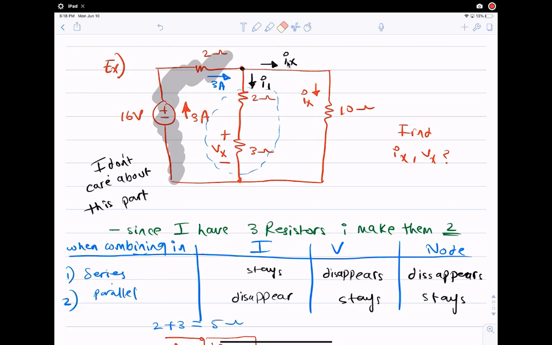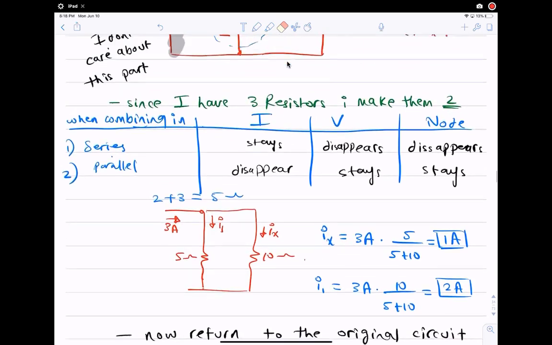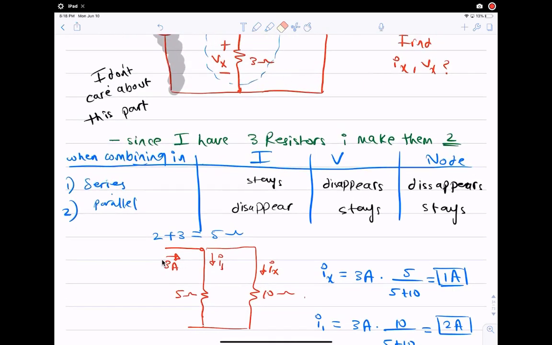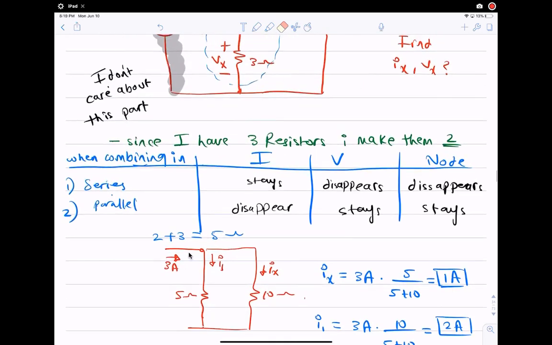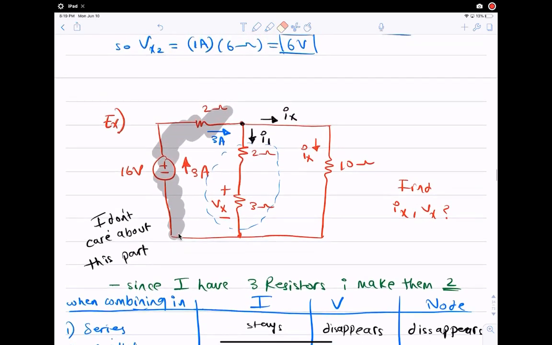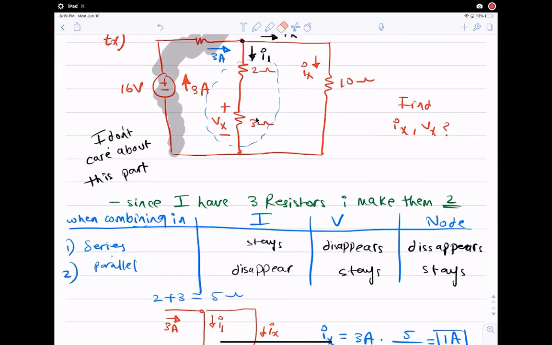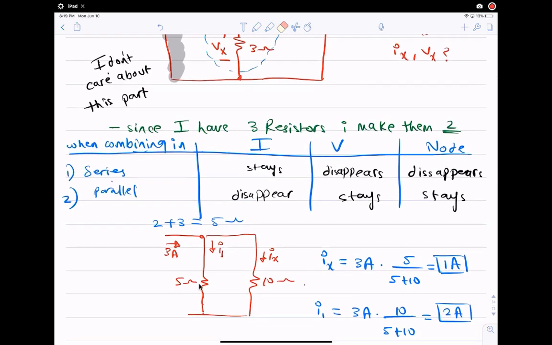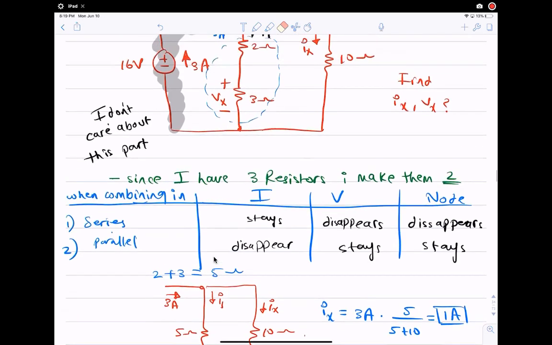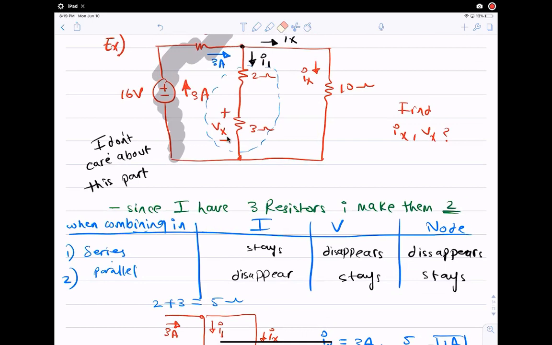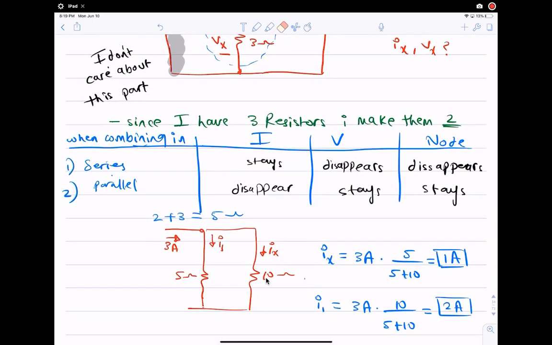So this is Ix. Now, if we look at this circuit, I only drew the 3 ampere because I don't care about this side. I draw 2 plus 3, which is 5, so I put here 5 with the I1, and you would notice that Vx disappeared, and then Ix.